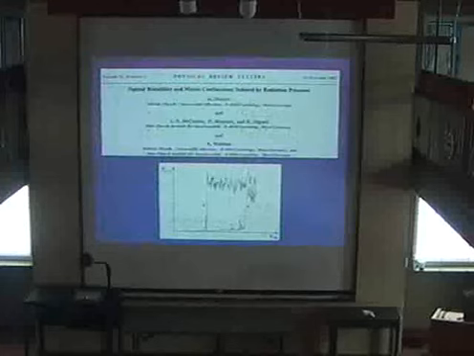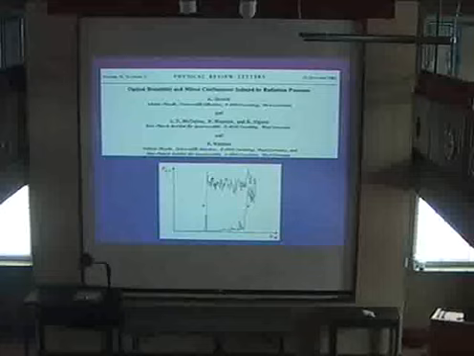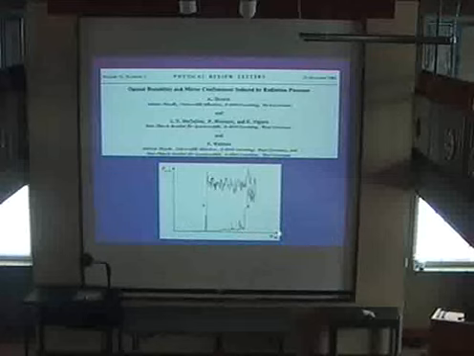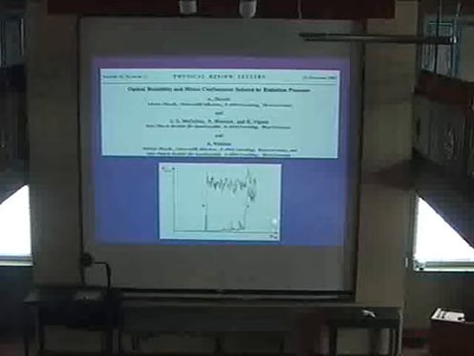So optical bistability is typical evidence of the optomechanical coupling, which was first observed in the famous work by Dorsel, and you know it very well. It exhibits a hysteresis as a function of input and output power.